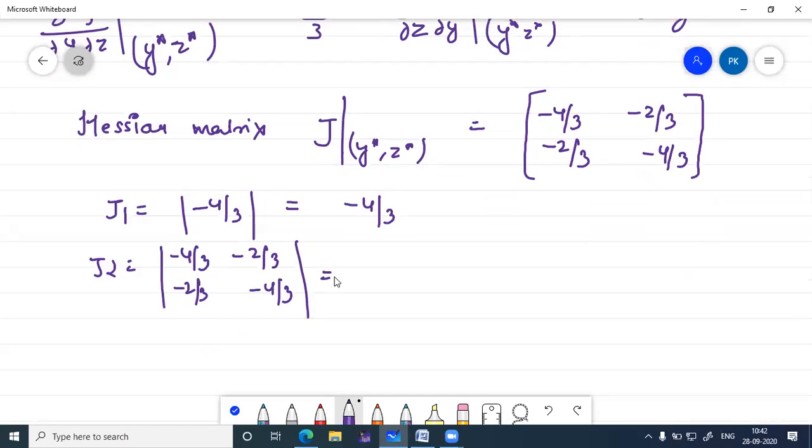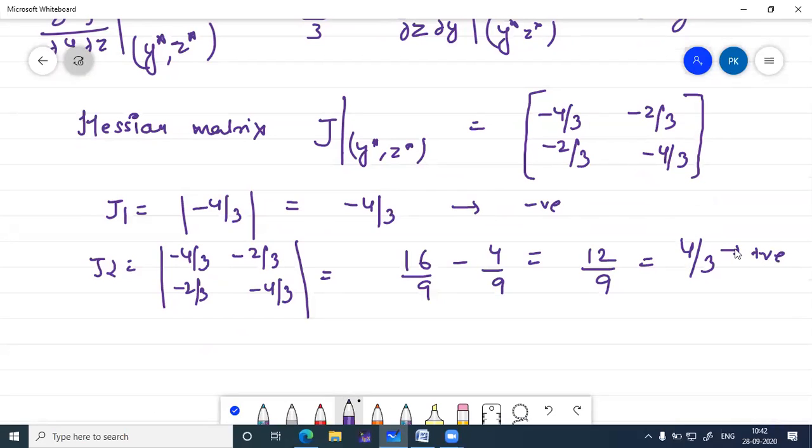Will its value be positive or negative? This is 16/9 minus 4/9, 12/9 or 4/3.